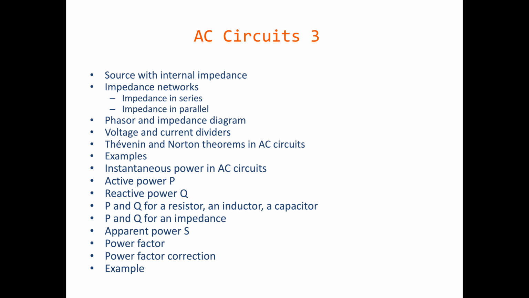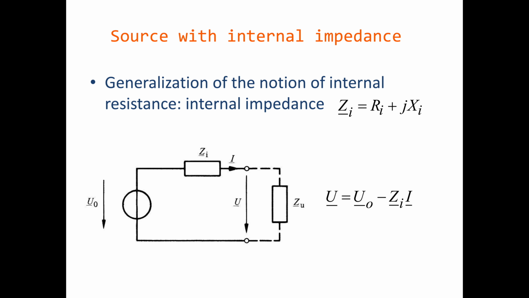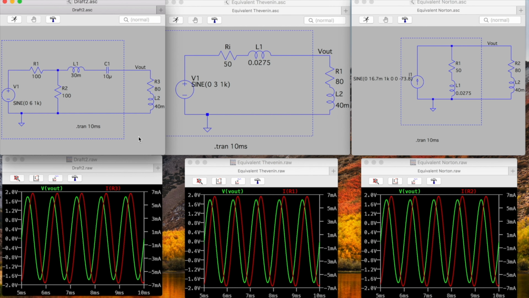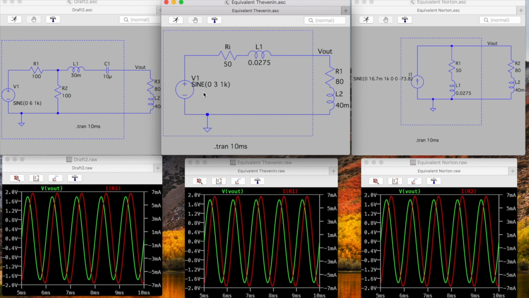These theorems are also valid in the sinusoidal regime and with the related notions of impedance and phasor. Here are some examples. We are not going to go into detail because the procedures are essentially the same as those we have seen so far. Here, I have been able to replace this circuit with a sinusoidal voltage source by its equivalent dipole with a voltage source with an internal impedance in series.